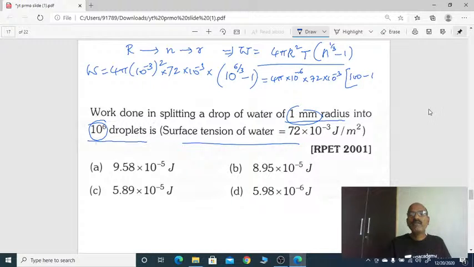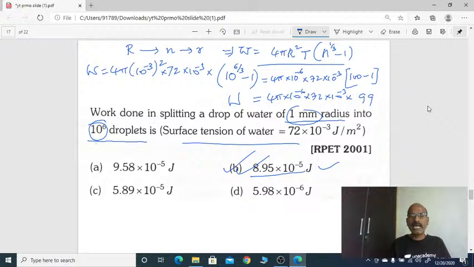When we simplify this, you will get 4 pi into 10 power minus 6 into 72 into 10 power minus 3 into 99. Simplify, and you will get 8.95 into 10 power minus 5 joule, which is the correct answer. Option 2 you will get.